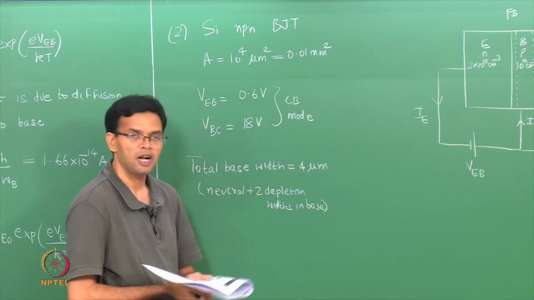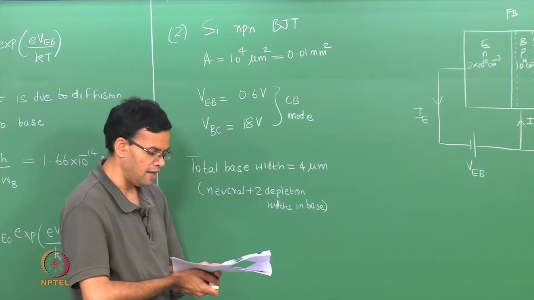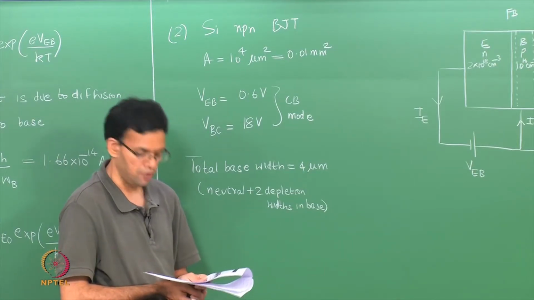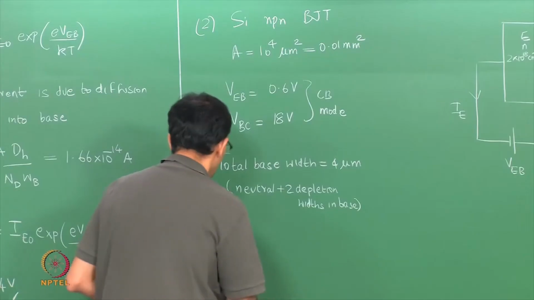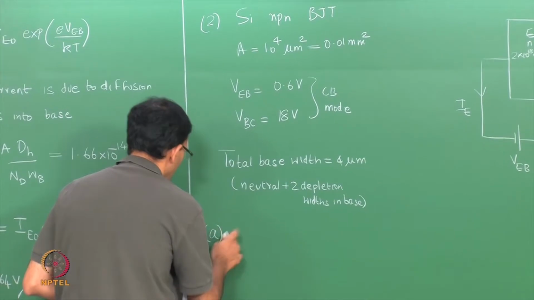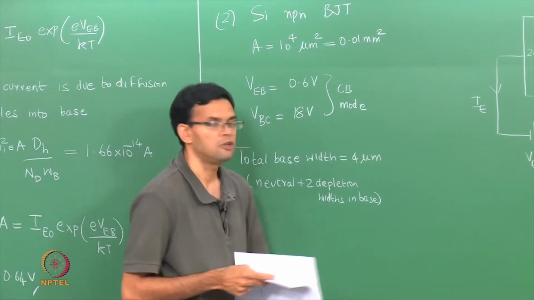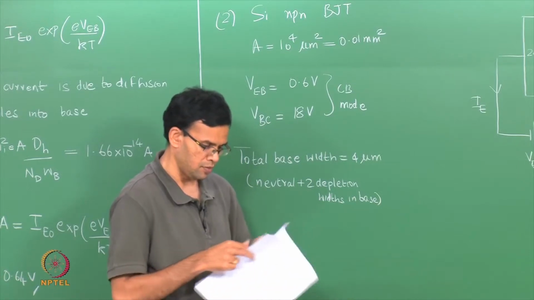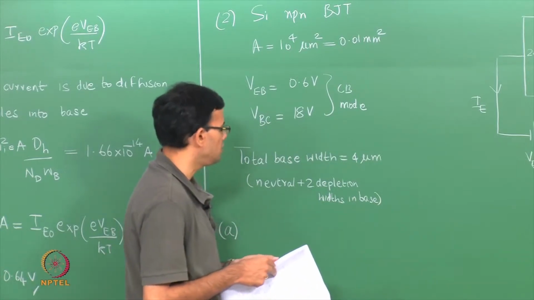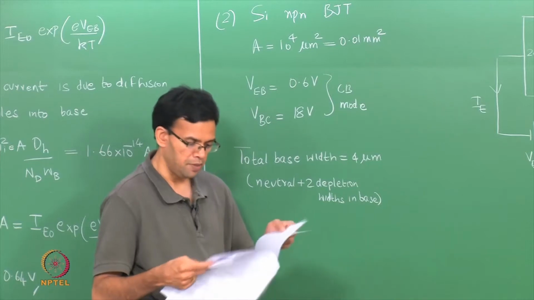So, in the first part of the question, we want to calculate the depletion layer width between the collector base and the emitter base. We also want to calculate the width of the neutral base region. So, in part A, we want to calculate the 2 depletion region widths, and we also want to calculate the width of the neutral base region.